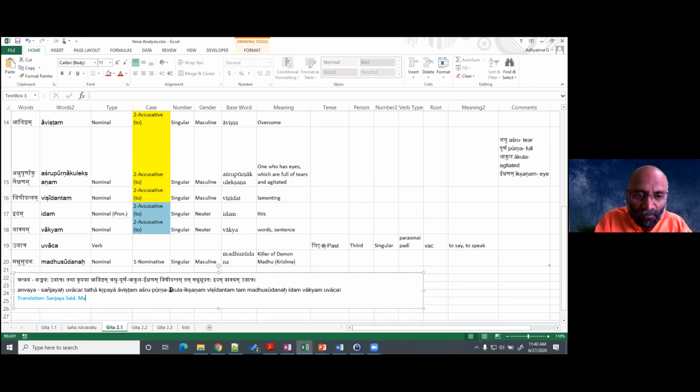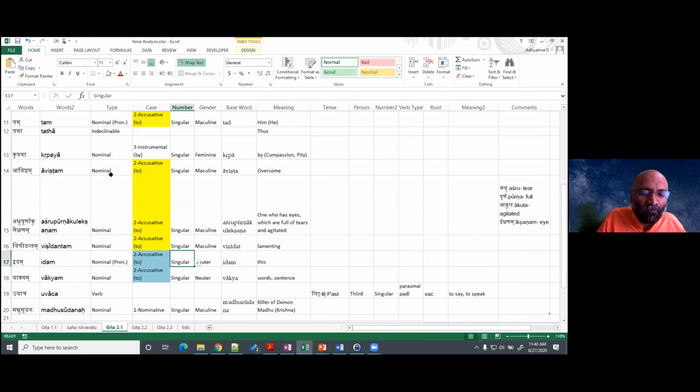Madhusudana, we can say, is a name of Krishna. So Krishna spoke these words to, I'm saying Arjuna because it's referring to him, even though the word Arjuna is not used. It says basically him.